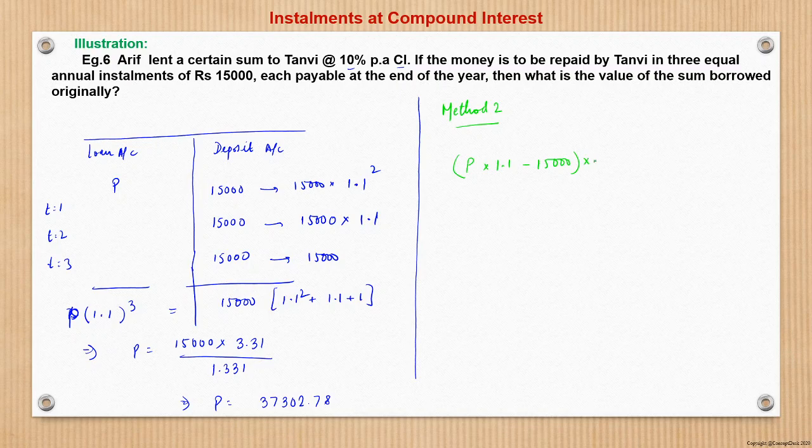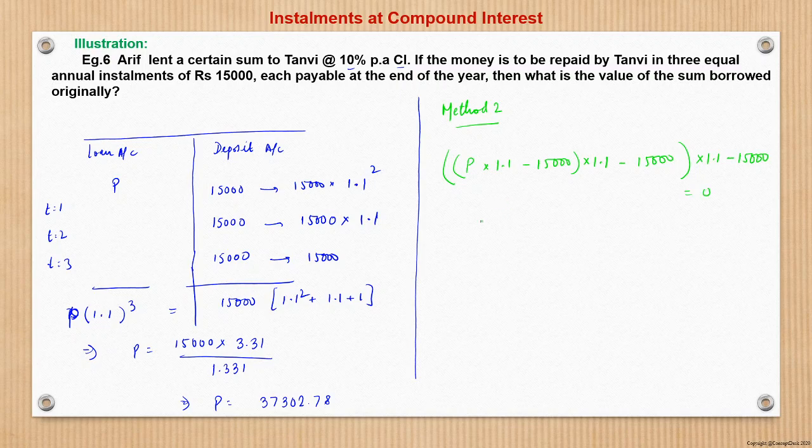This again will become 1.1 times during the second year, and at the end of the second year another payment of 15,000 will reduce this. This whole amount will again become 1.1 times at the end of the third year, and the last payment of 15,000 will reduce this, and this will be 0, right?